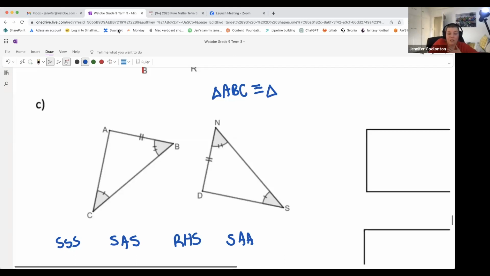Okay, we've just got to be careful that we get everything in the same order. So this angle needs to be in the same position as that one. This one needs to be in the same position as that one. And this one needs to be in the same position as that one. So keeping that in mind, do you think you can help me finish off what ABC is going to be congruent to?